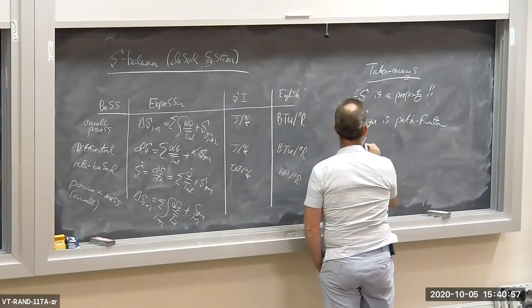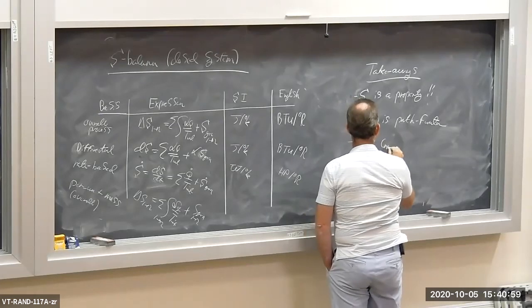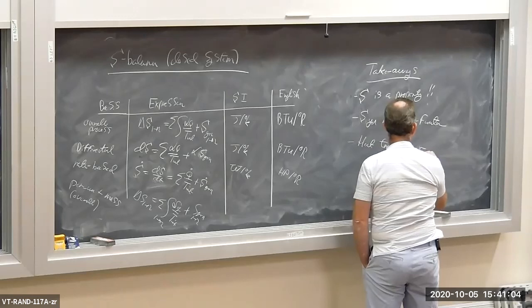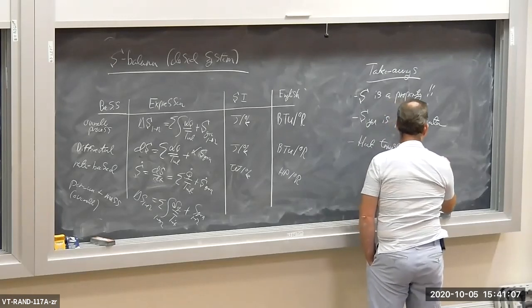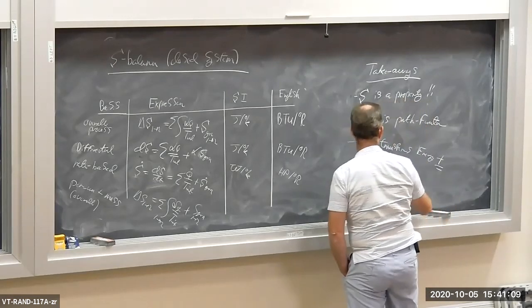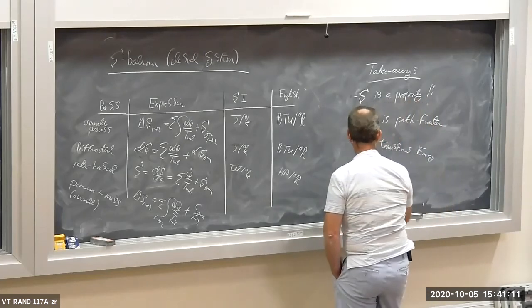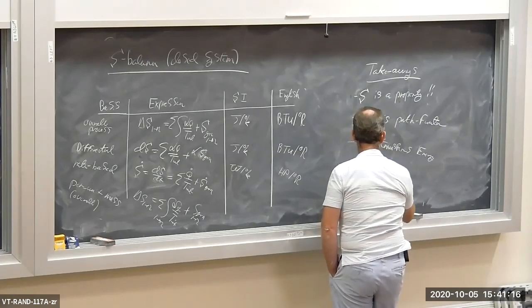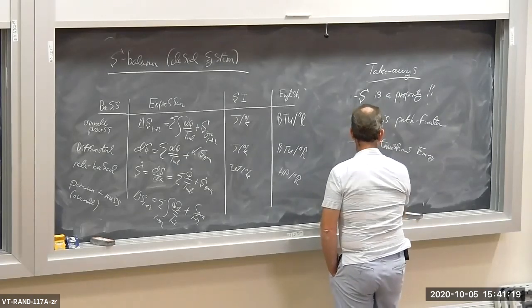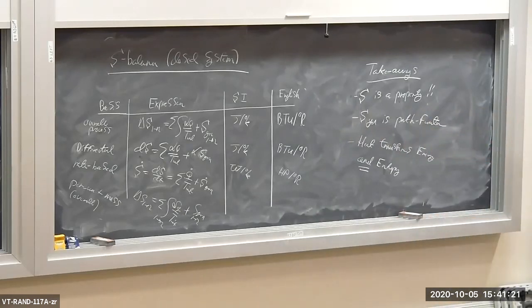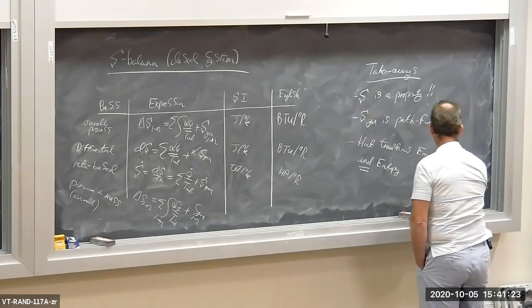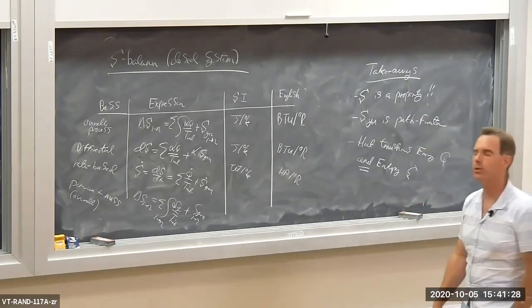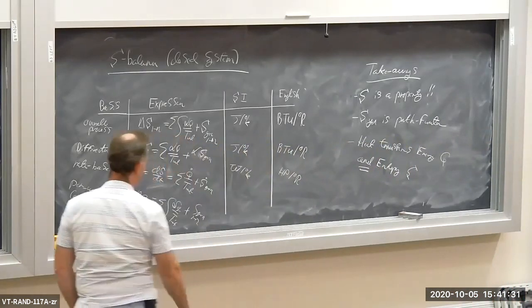So heat transfers energy, Q, and entropy, S. But work does not. Work does not transfer entropy.